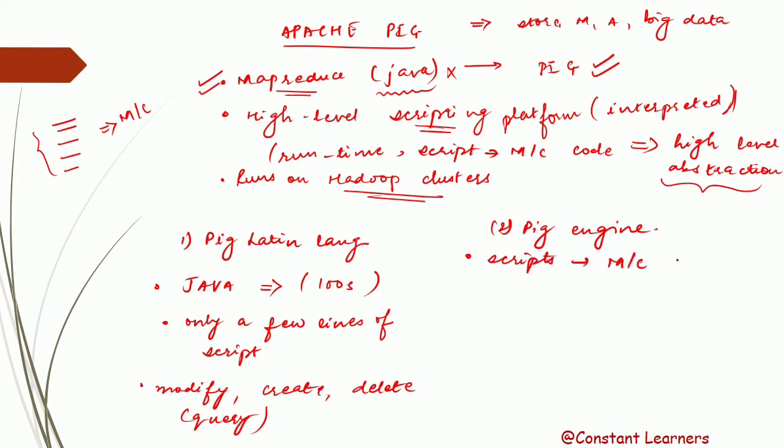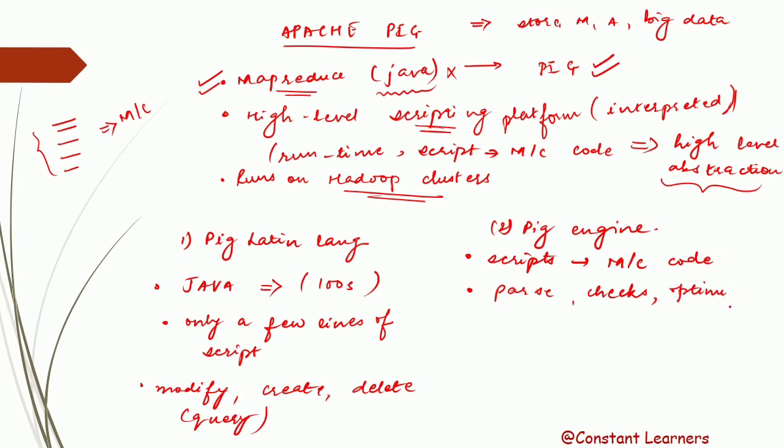That can be understood by the machine, and then it performs all the operations like parsing of the data, checking of the data, and optimizing of the data. Parsing, checking means what? It checks for syntax, it checks for spelling mistakes, and it also optimizes.